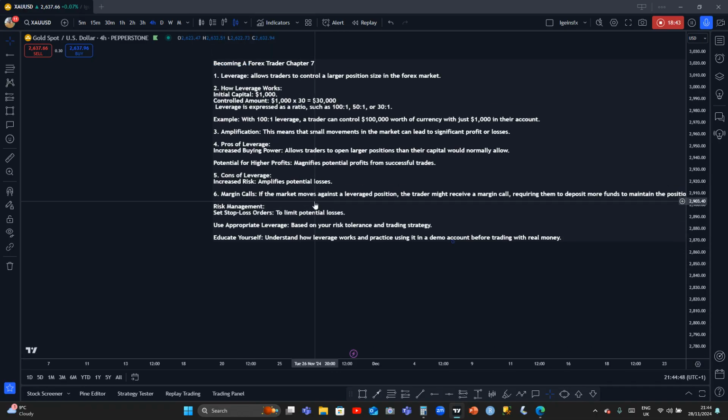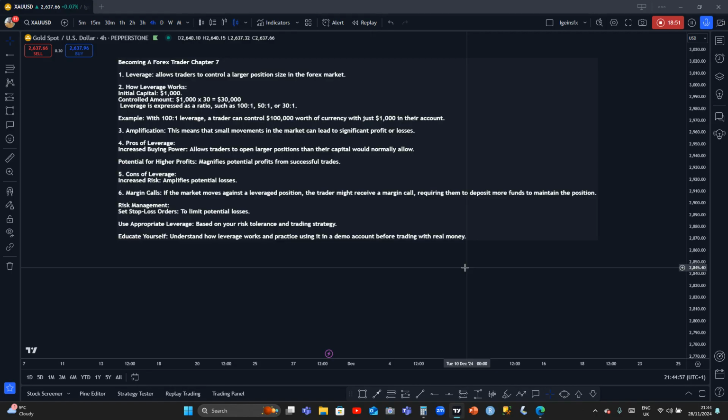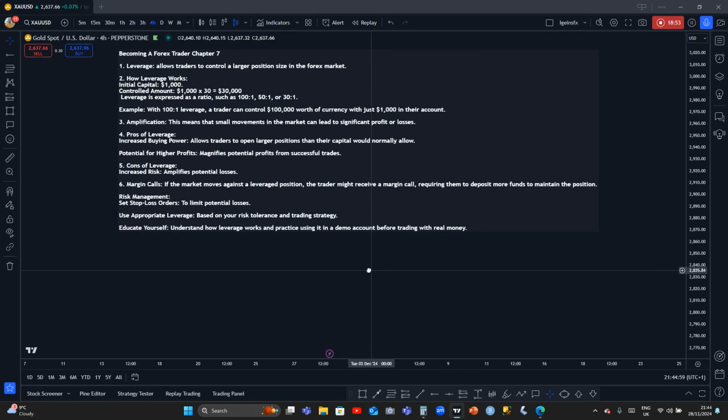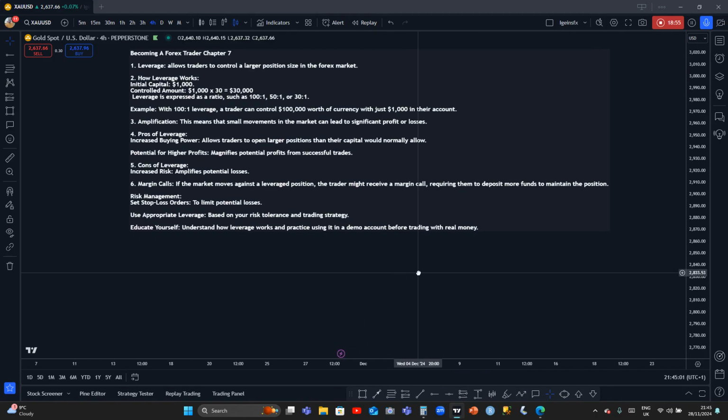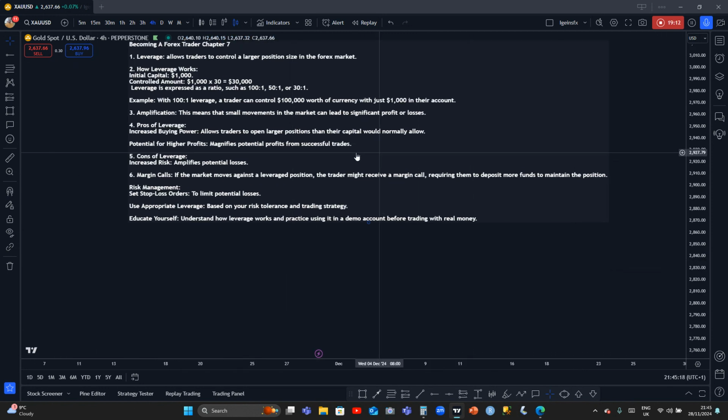If the market moves against a leveraged position, the trader might receive a margin call. A margin call is a normal thing, so don't panic when you receive one. It simply means that it will trigger when your account value drops to a certain level due to your losses. If you have been making losses, it will get to a certain level and it will trigger.